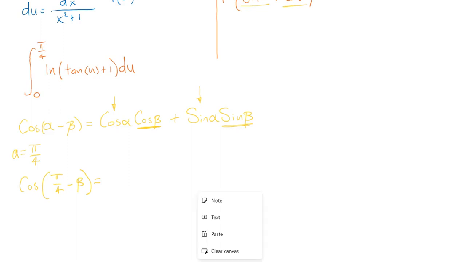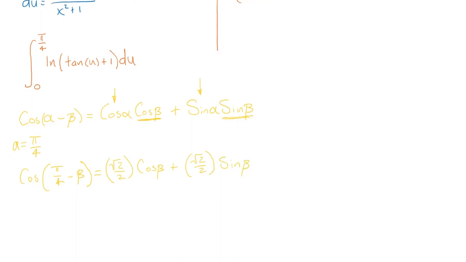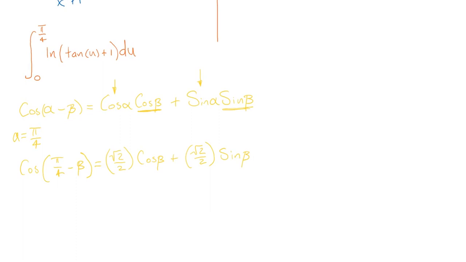So then we'll get cosine of pi over 4, and that's going to be root 2 over 2. So root 2 over 2 cosine beta plus root 2 over 2 sine beta. And now if we solve for cosine beta plus sine beta, we'll multiply both sides by 2 over root 2.